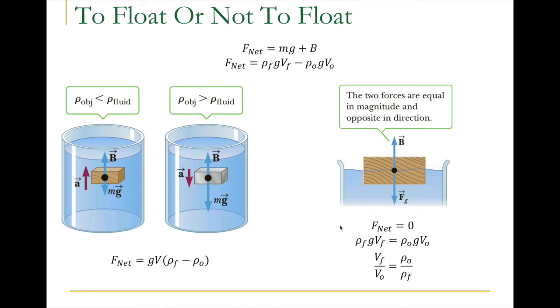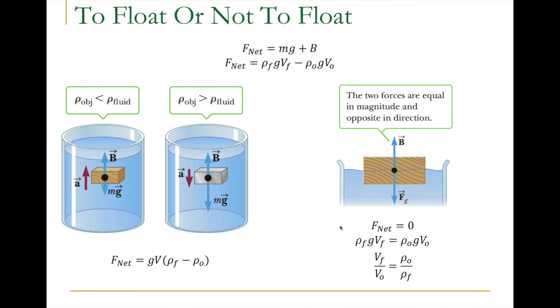In the case of the object on the left, if we calculate the net force, we know that that's rho gV in terms of the fluid minus rho gV in terms of the object. Well, an interesting discussion happens now depending upon the density of the object itself. Because if the density of the object is less than the density of the fluid, then the resulting force will be positive pointing up.